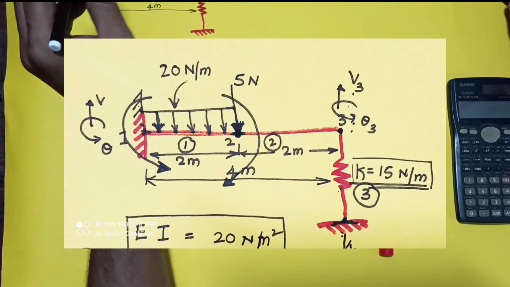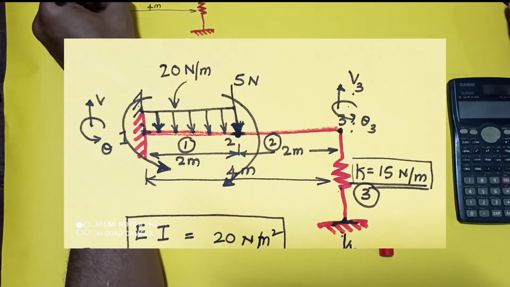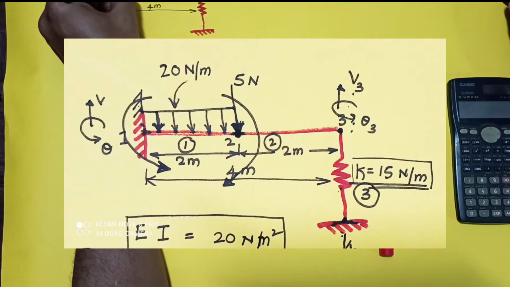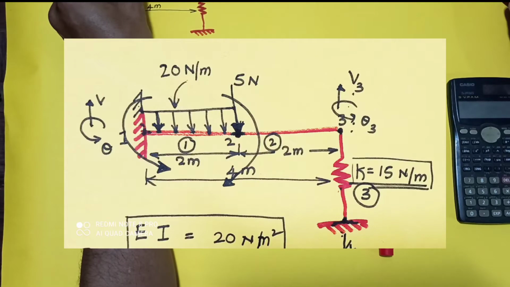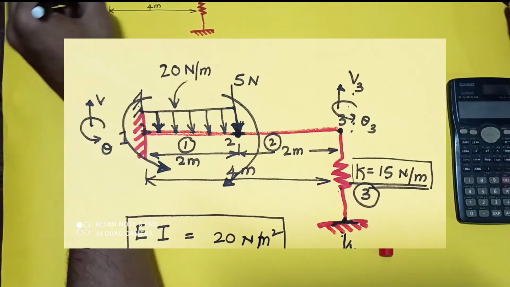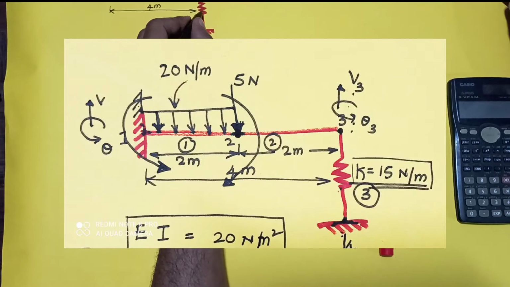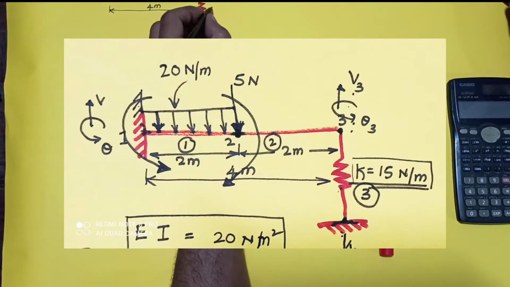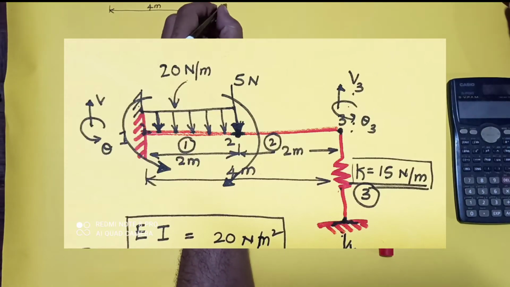Now we will find out the intensity of the UDL. You can take it as 20 Newton per meter, and the point load we will take as 5 Newton, and the spring stiffness K, let us assume, as 15 Newton per meter.